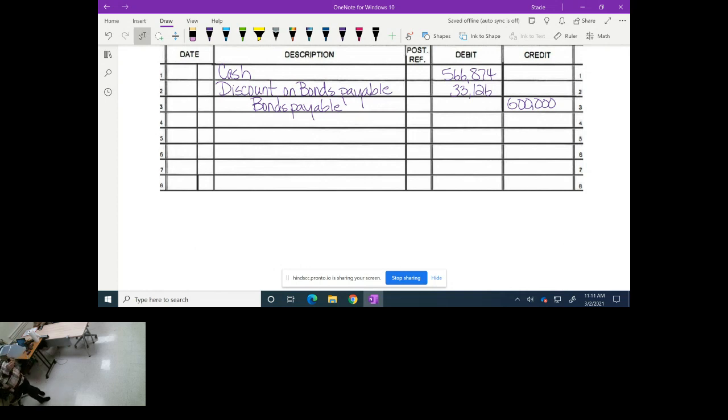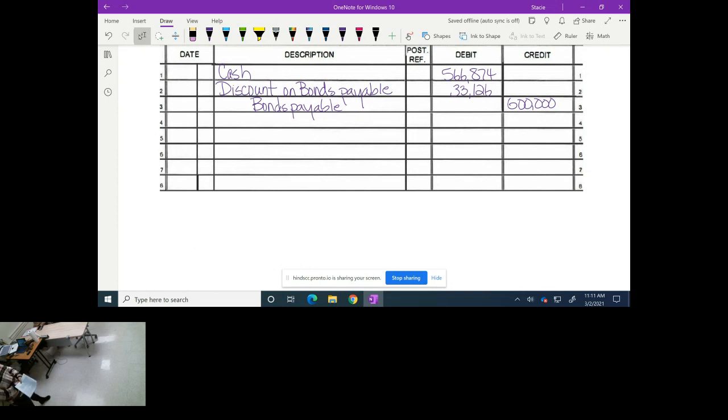Remember, these people are going to get a lower rate of interest with their interest checks twice a year, but at the end of the bond term, they're getting back $33,000 more than they paid for it. So that difference in that interest rate, they're going to get on the back end, right?